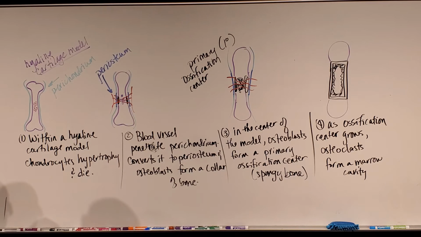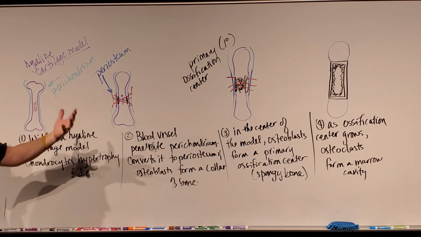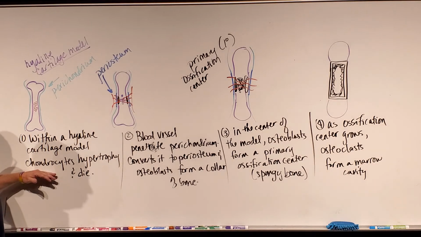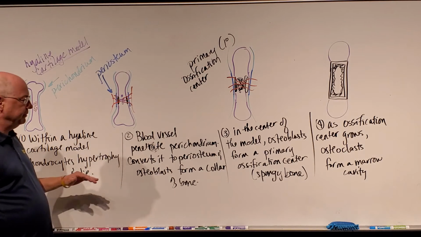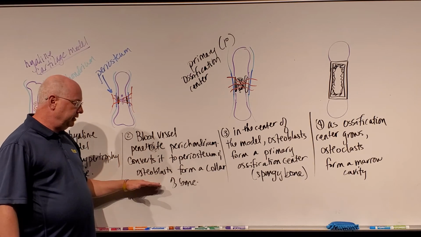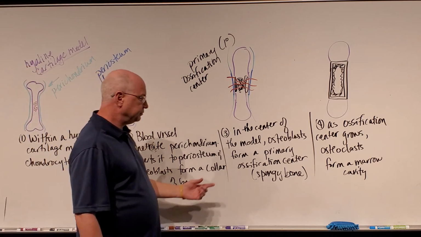Okay. Now, you need to be able to shorten this as much as possible for memory, and then add in a little bit more detail. We have a hyaline cartilage model. The chondrocytes hypertrophy and die. Blood vessels penetrate the perichondrium. It turns into periosteum, and then osteoblasts move in and form a collar of bone.